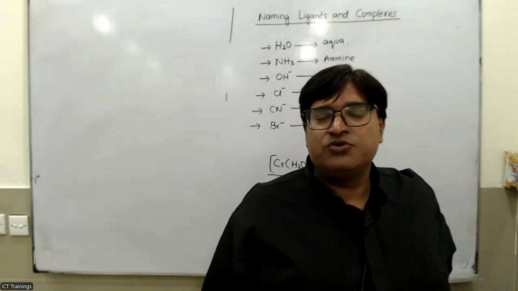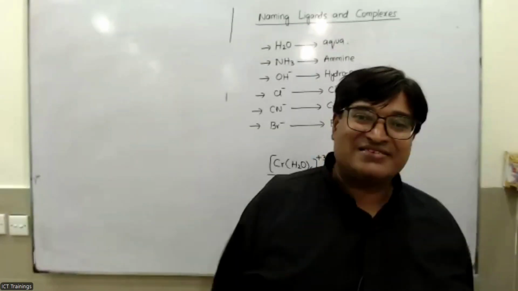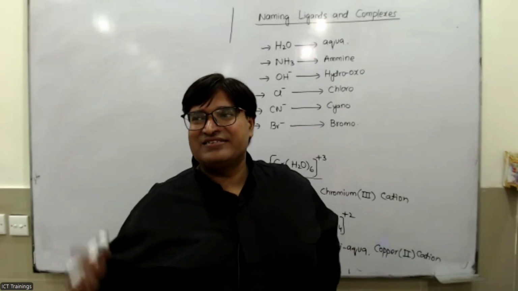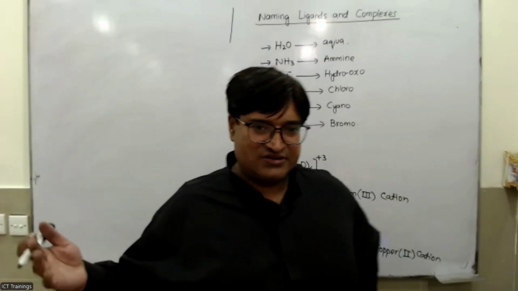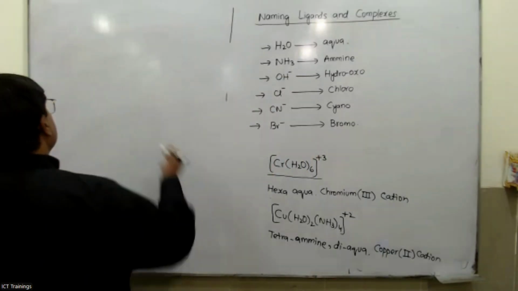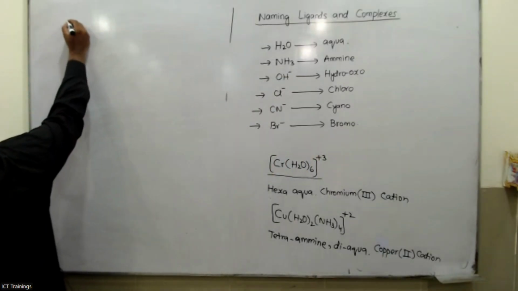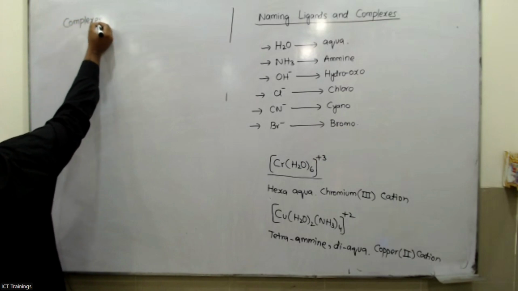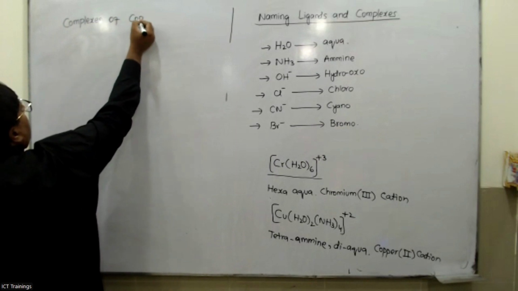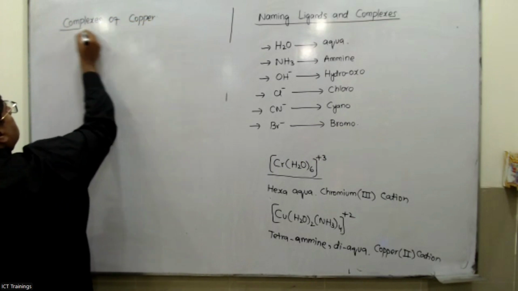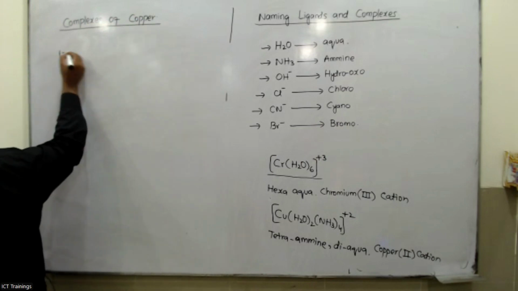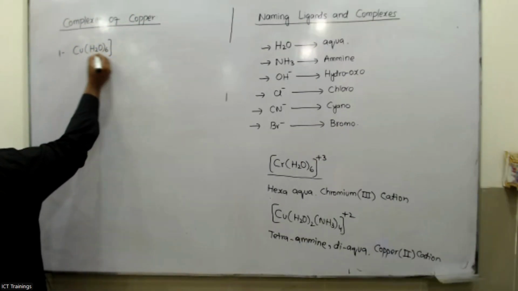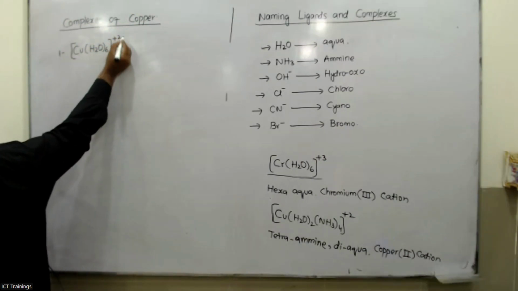Now what we are going to do, I'm going to write down the complexes of copper up here. The complexes of different metals are the same, but the color is different. The first complex of copper has 6 water molecules in it and a plus 2 charge on it.